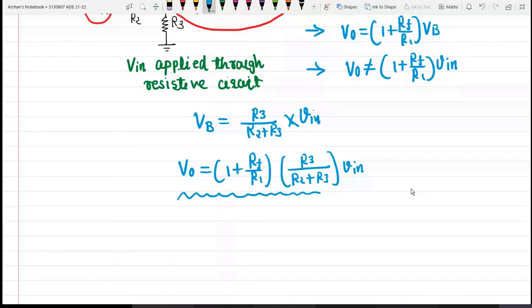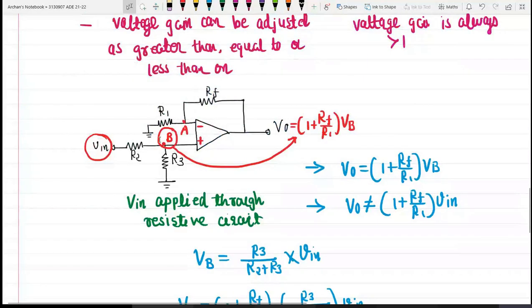The output voltage in case of a non-inverting amplifier when V in is not directly applied but applied through some resistive circuit. So remember always, you need to find out the voltage which is available at this non-inverting terminal, not the supply voltage. If supply voltage is directly available at the non-inverting terminal, in that case my output voltage would be 1 plus Rf by R1 times input voltage.